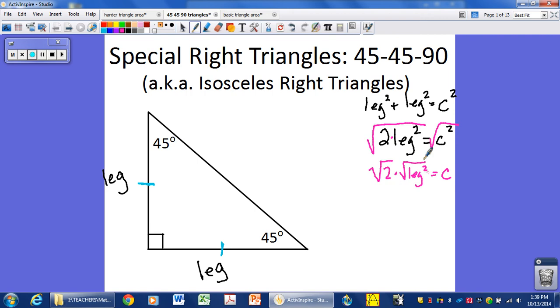So the square root of leg squared is just the leg length. For this one, we are left with root 2. So it turns out, according to Pythagoras, regardless of whatever the legs happen to be, the hypotenuse is whatever the leg length is times the square root of 2.